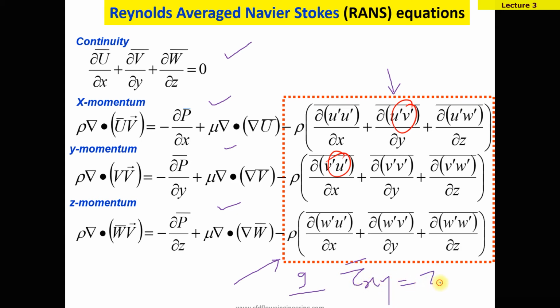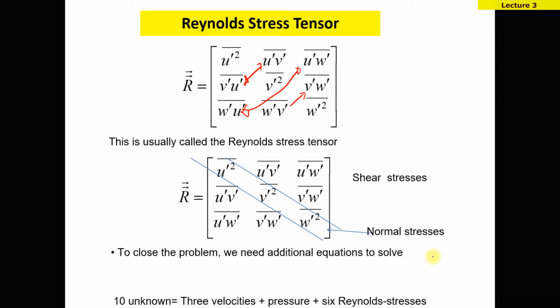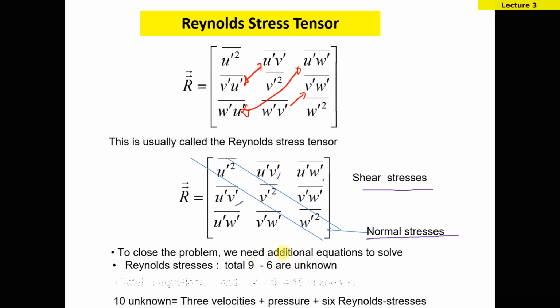It can be written as tau_ij, a second order tensor, because it has 9 components, and it has diagonal elements called normal stress and off-diagonal elements called shear stress. There is symmetry on both sides of the diagonal, so sorry, there are 6 components we can say.